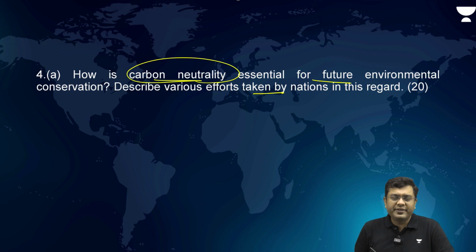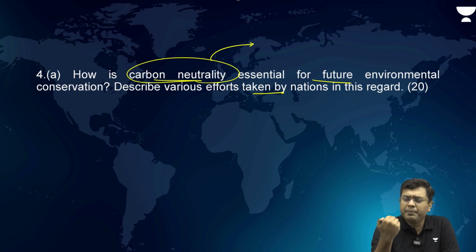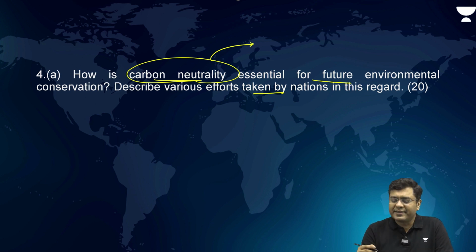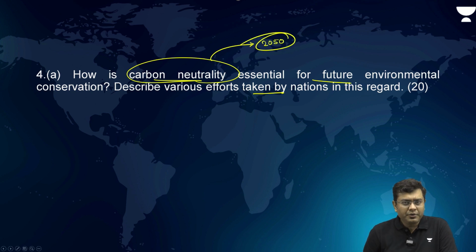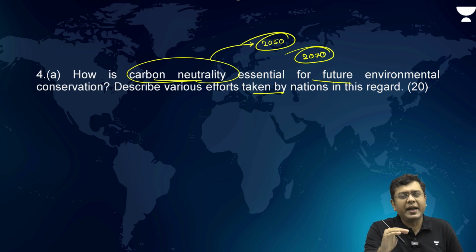So, when we talk about this carbon neutrality, here you have to also mention that the Paris Agreement talks about the possibility and the goal of attaining carbon neutrality by the year 2050. Right. India has set this goal at 2070. So, why is it important for future environmental conservation? The sooner we hit the peak carbon emission and then attain carbon neutrality, the more we will be able to control the amount of global warming and the heating which is happening.